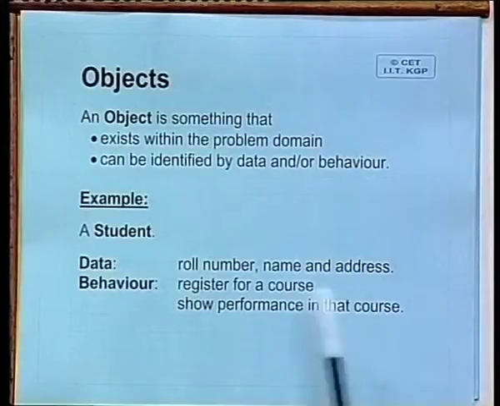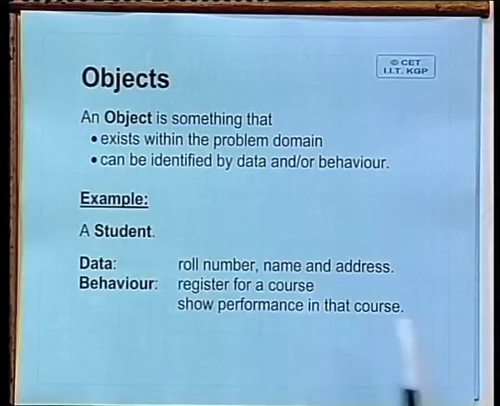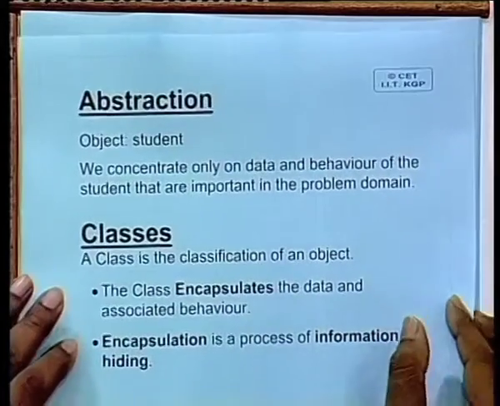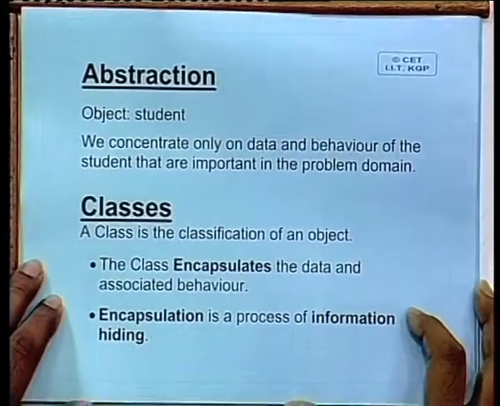Now, an object is something that exists within the problem domain and can be identified by its data and or behavior. So, example, a student, its data is roll number, name and address, behavior, register for a course, show performance in that course. Okay. So, that is the basic idea of an object. Then the very important concept of abstraction.